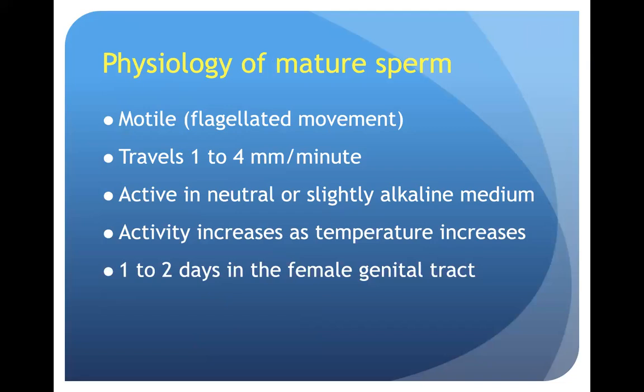And a mature sperm can travel around 1 to 4 millimeters per minute. Then it is noted to be active in a neutral or slightly alkaline medium. Although active siya in neutral and slightly alkaline medium, yung activity niya actually increases further if the pH is acidic and if the temperature is high. However, if magstay siya for a longer period of time sa acidic environment as well as sa hot environment, what will happen to the sperm cells?